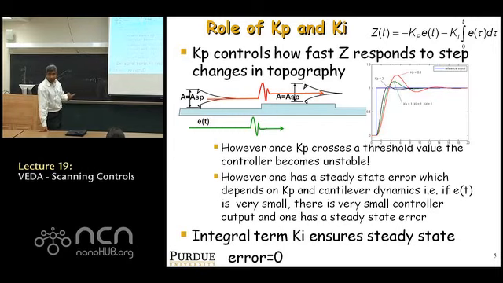If there's accumulated error, regardless of the fact that the error is very small right now, it's still providing a good number for Z to move, right? So integral control is good in that sense, and proportional gain alone is not going to be good. In fact, with many AFM systems, you can do just fine with integral control. You don't need proportional control. The main reason is, while proportional control combined with integral improves things, if you do too much proportional, you get this instability, so there's a problem. Okay?